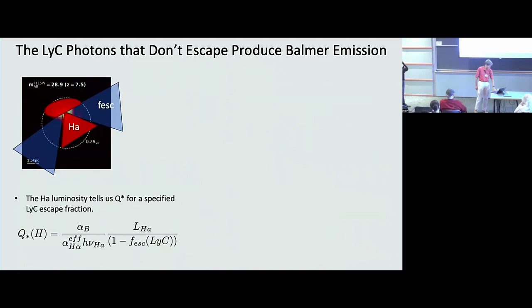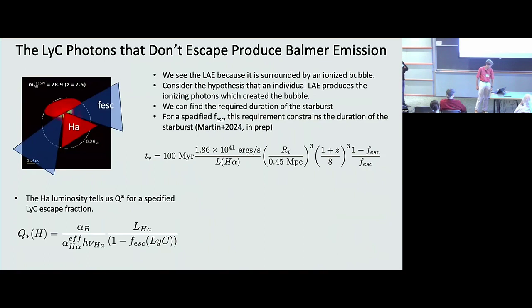So putting those two equations together, we can work out, for a given Lyman continuum escape fraction, how long the starburst would have to last to make these two things balance, to make all the ionizing photons come from the galaxy. This is still work in progress for the different escape fractions and the different bubble sizes, but we're getting some reasonable timescales here.